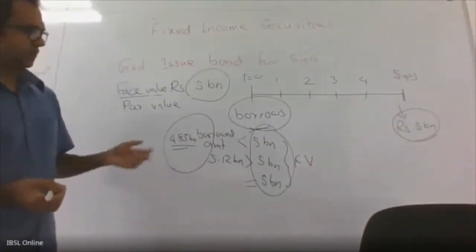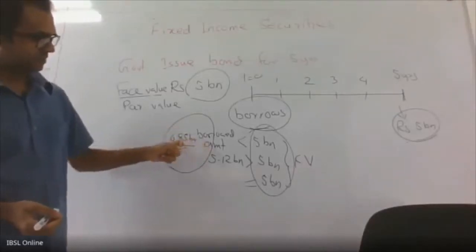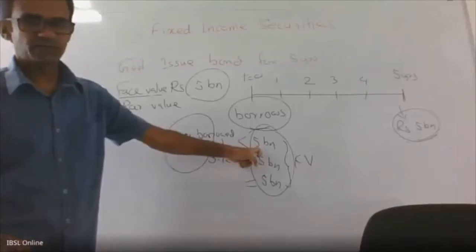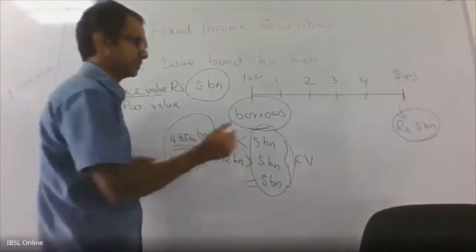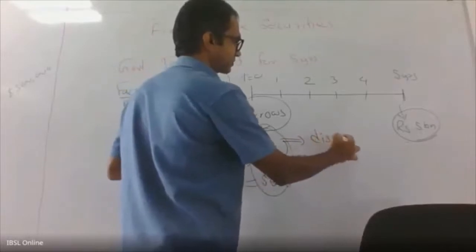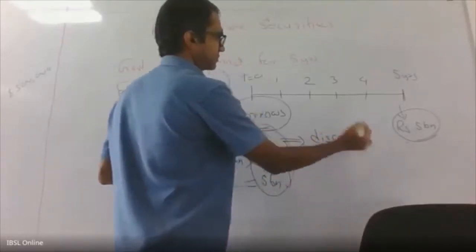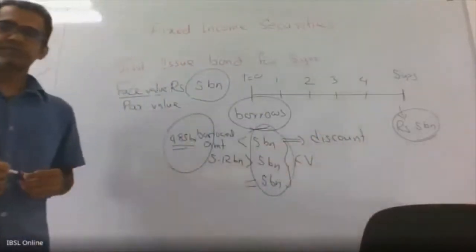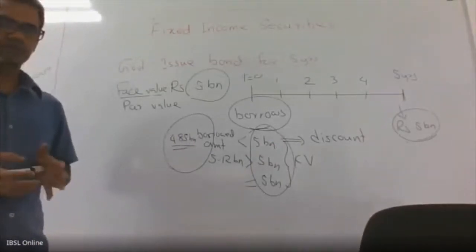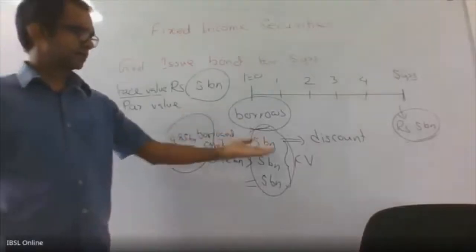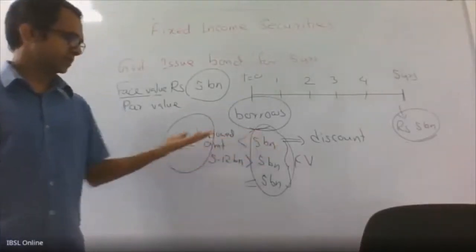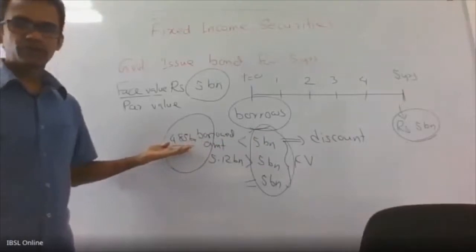So when the amount borrowed is less than the face value, we call it this is at a discount. You might remember we discussed discount in treasury bills, the same concept. Even though the government agrees to pay 5 billion, investors are willing to lend today only 4.85 billion.